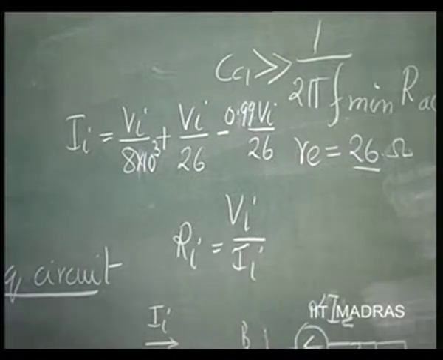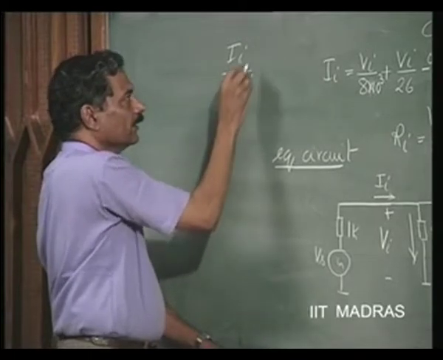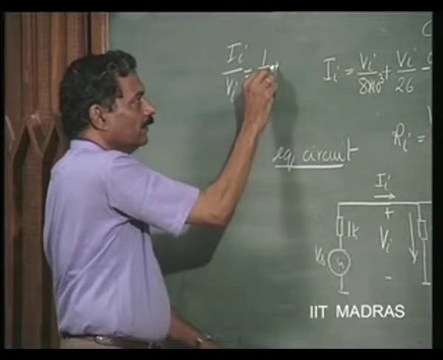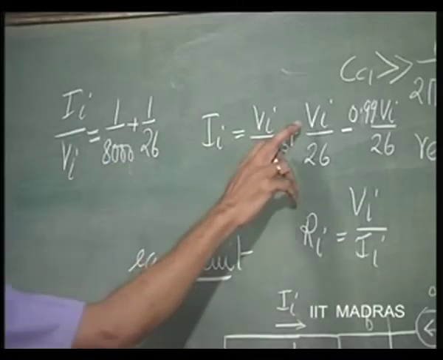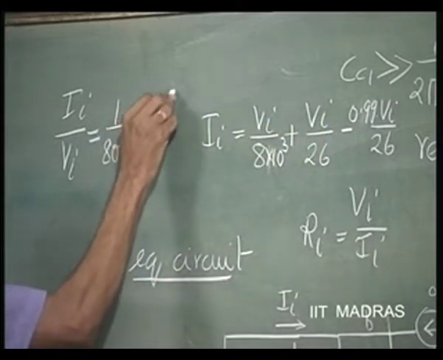So, this equation straight away gives us the input resistance. Actually, this is going to give you Ii by Vi, therefore equals 1 over 8000 plus 1 over 26 into 1 minus alpha, which is 0.01.